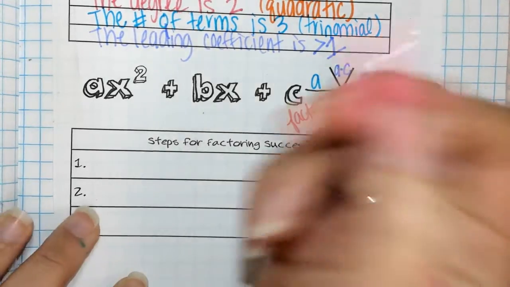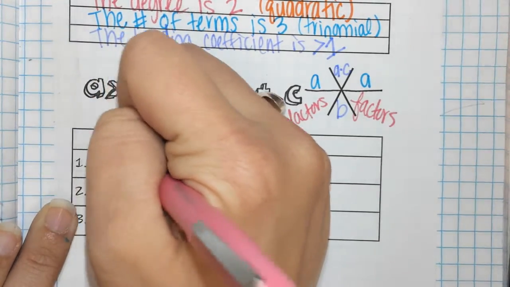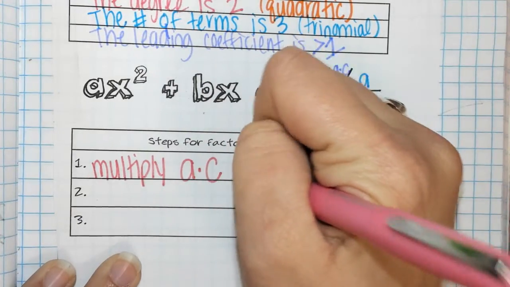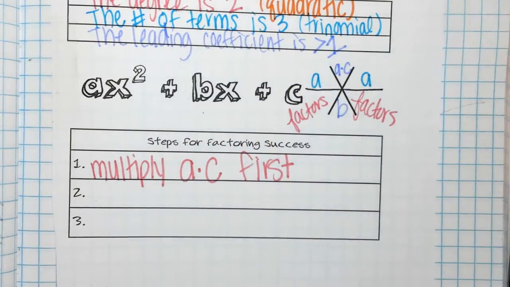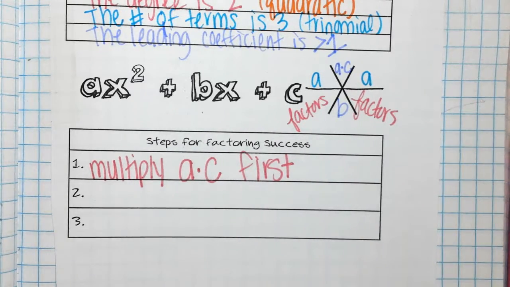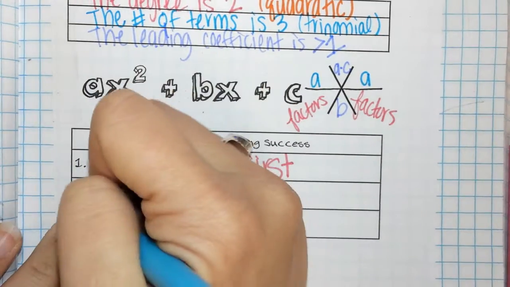Okay, now steps for factoring success. Multiply A times C first. The second thing you should do, put everything in your star.